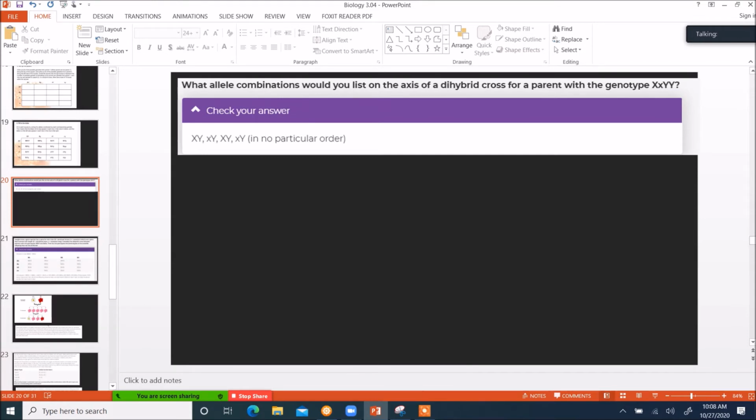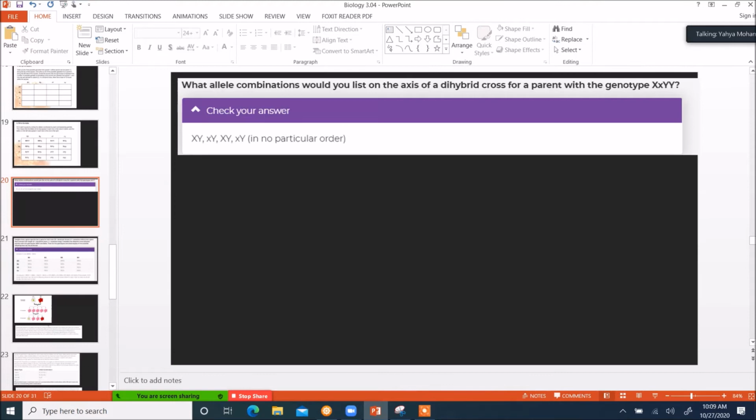One came from the mother, one came from the father. Now, when this parent is producing a gamete for its own child, it cannot give both of those X's to its child. It has to pick one. Do you understand what I'm saying? So it can only pick capital X or lowercase x. It picks one.